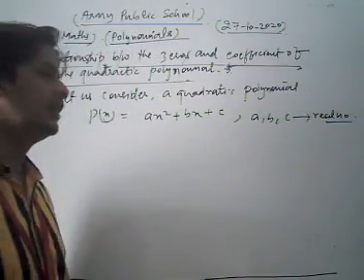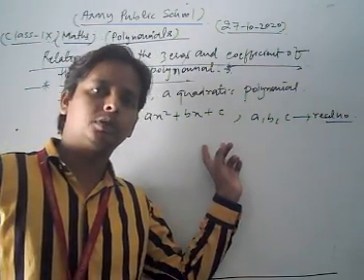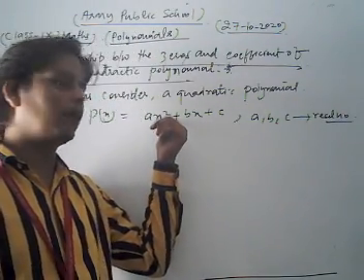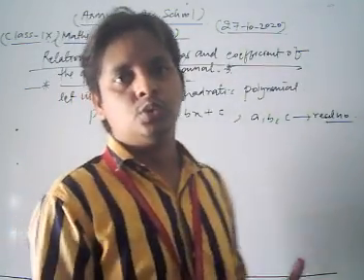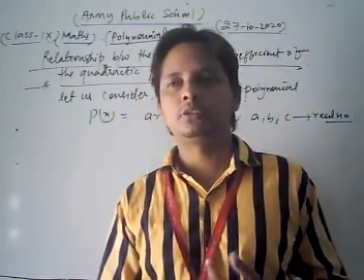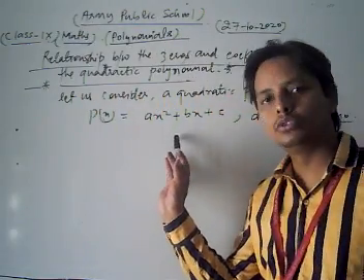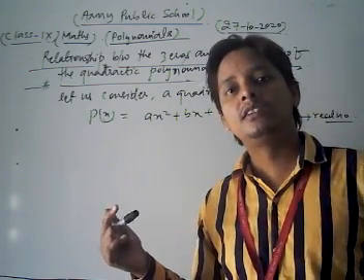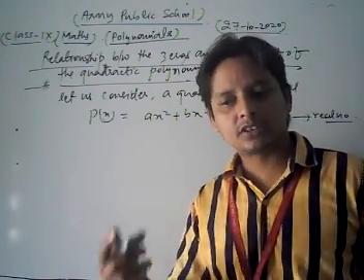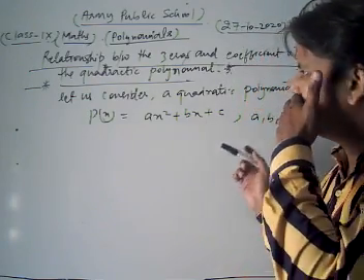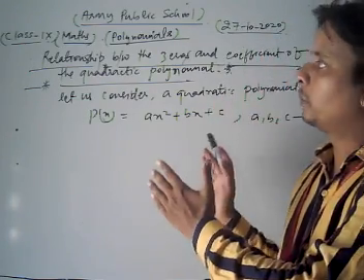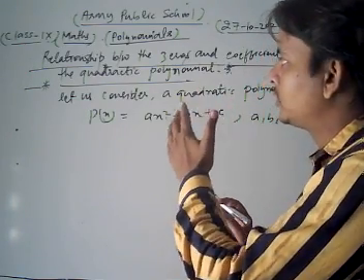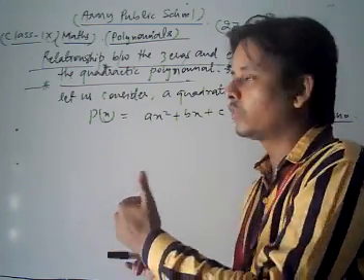This is a quadratic polynomial because the highest power of the variable x is 2. If the highest power of the variable is 2, then it is said to be a quadratic polynomial. Now in this topic we discuss the relationship between the zeros and coefficients of the quadratic polynomial.